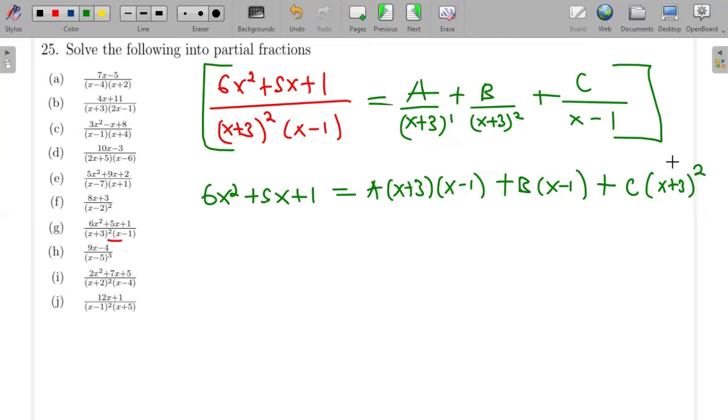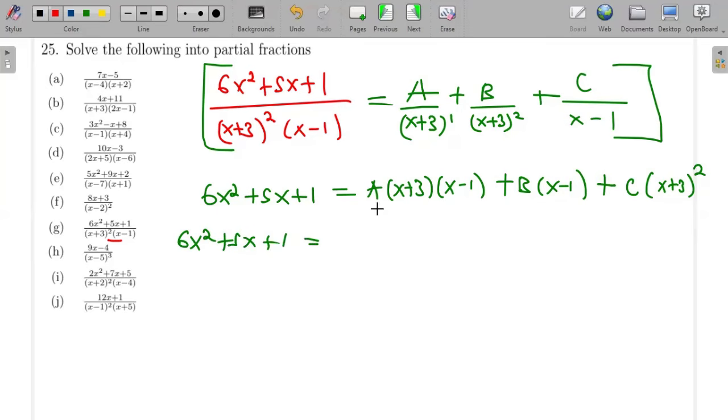So now I just have to find the values of a, b, and c. How am I going to find those values? We can use substitution or we can use elimination. In this case, I'll choose elimination, or expansion in short. So 6x squared plus 5x plus 1 is equals to, I expand here.